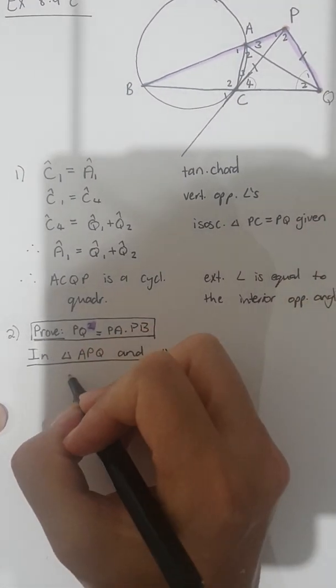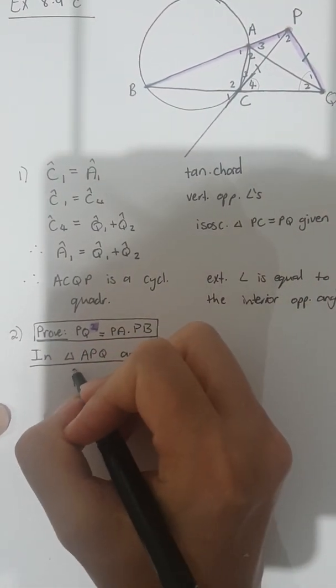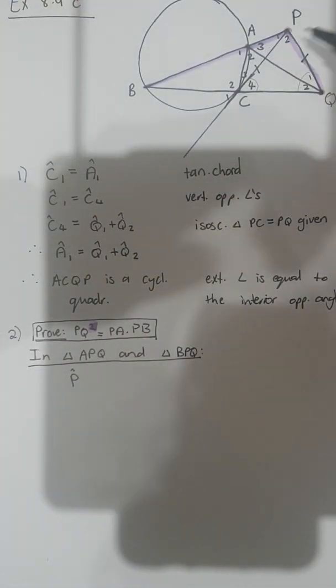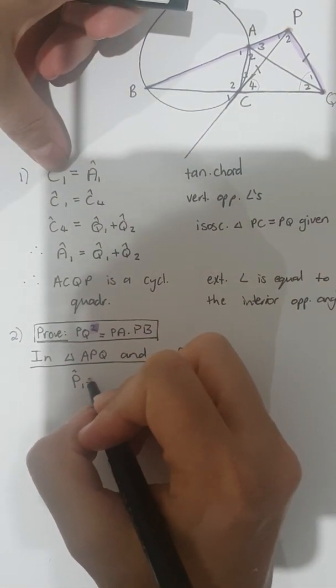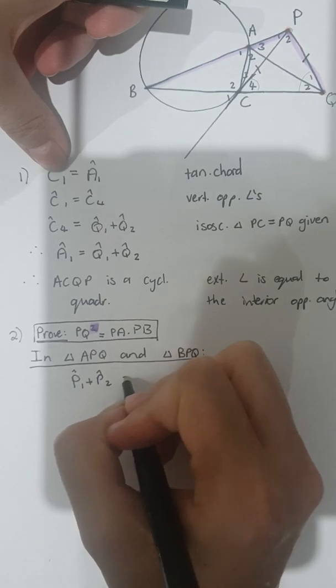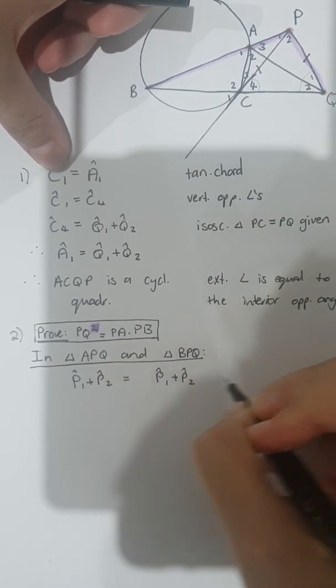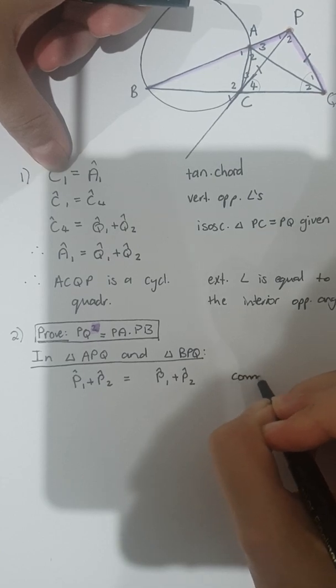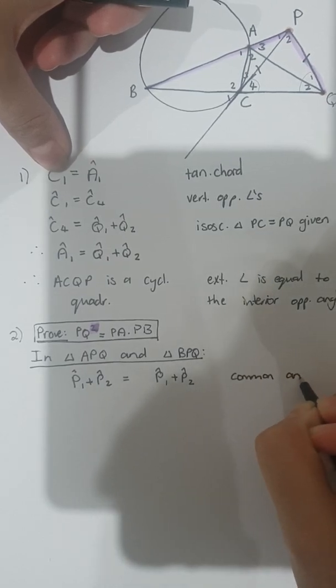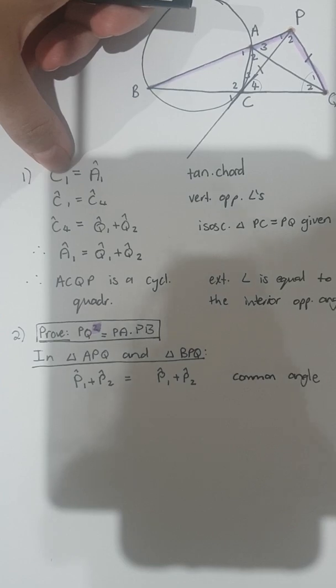So they both share an angle. So angle B1 plus angle B2 in this triangle is equal to angle B1 plus angle B2 in that triangle. That is a common angle.